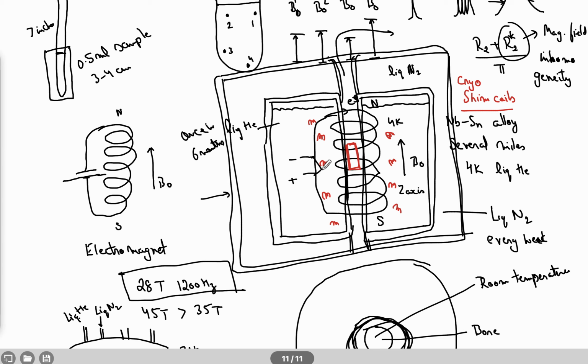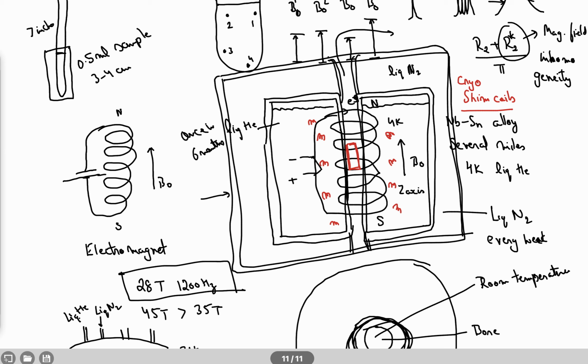Of course, after the installation is done, these coils are sealed, so the user cannot perturb them later, but it requires an engineer to visit and do this cryoshimming again. So in case there is a homogeneity loss over a period of time, you can do it again with the help of an engineer.